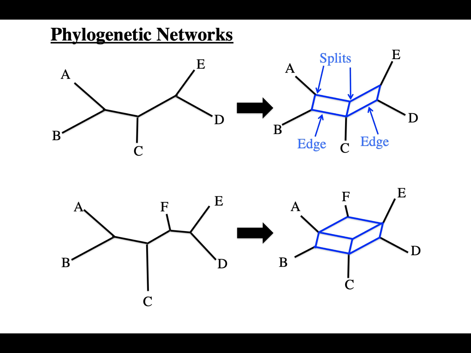So you'll look at some of these bifurcating trees and find out that there are multiple ways of getting from A to C or A to E. And if the data are then analyzed in a different way, you can find that these are networks, so that there are multiple ways of going from, for instance, A to C and A to E. So instead of just having nodes and branches on the left, there are branches, but there are also splits and edges. The splits are these intersection points, and the edges are these edges of these polygons.